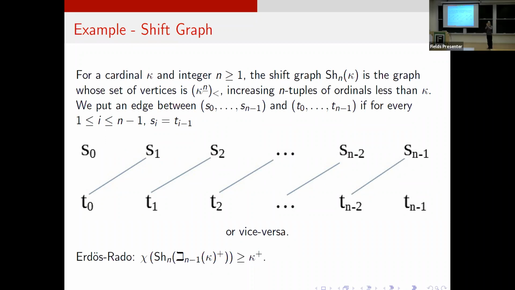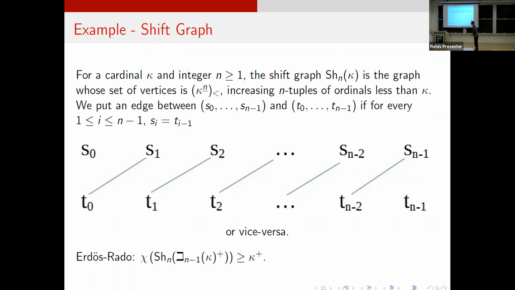Either this happens or the other way. So you shift it by 1. Either s1 is equal to t0, s2 is equal to t1, and so forth, or you go the other direction. So you say two tuples are connected by an edge if one is a shift of the other.